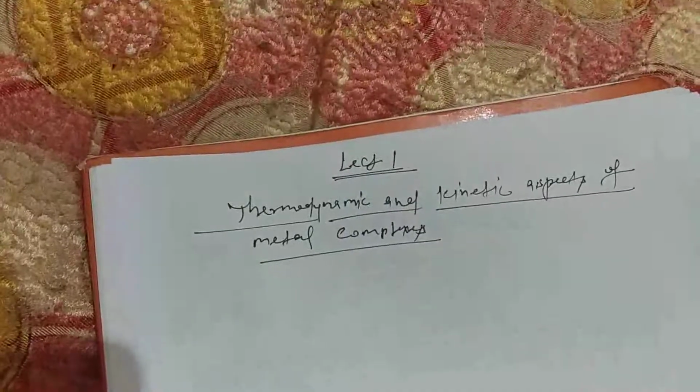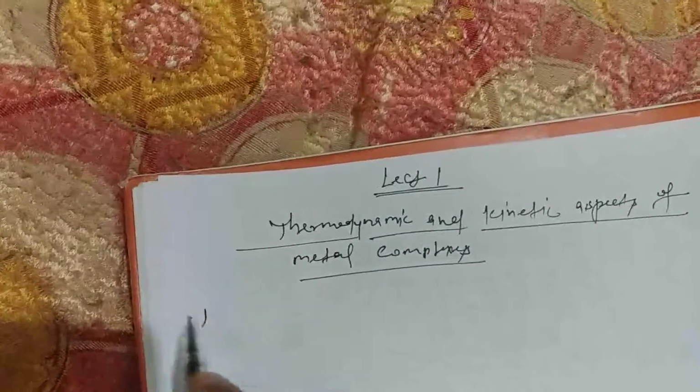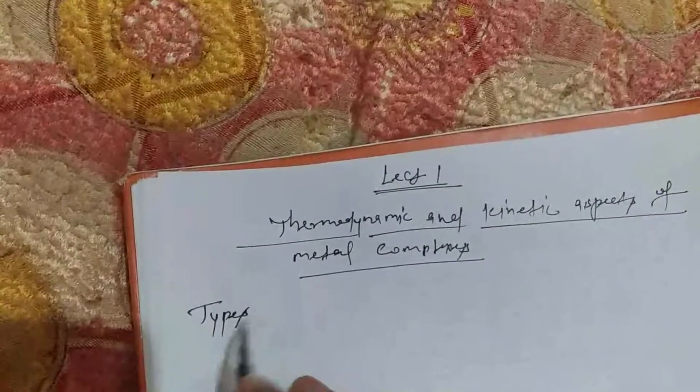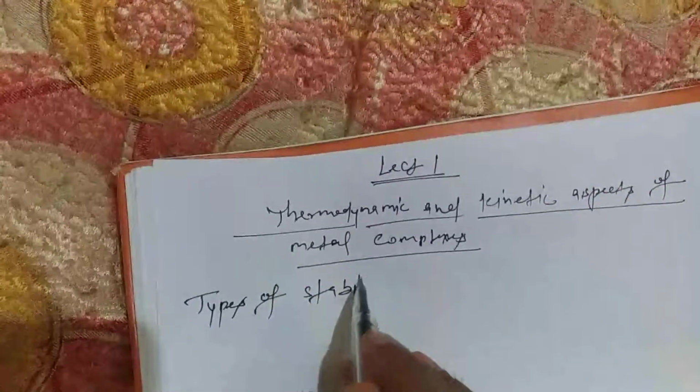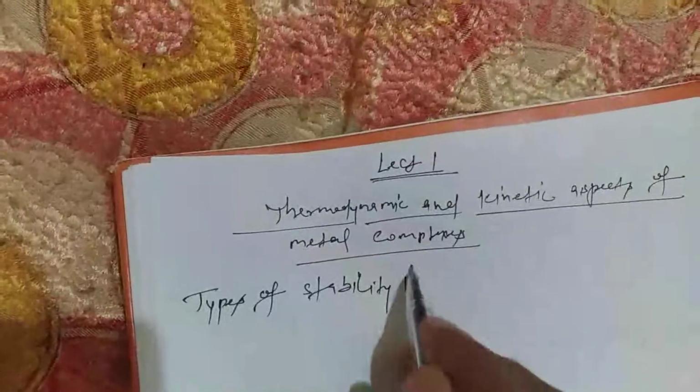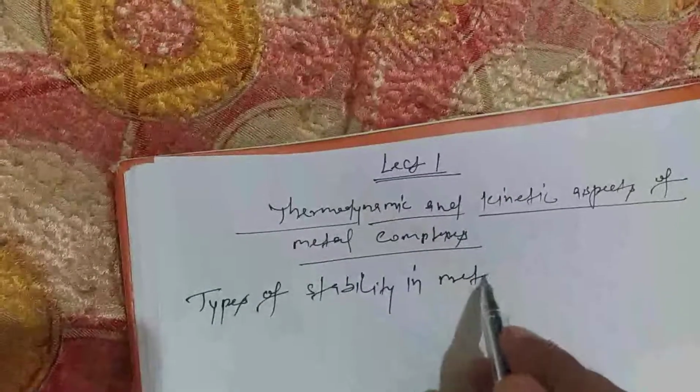What are the different types of stability that occur in a metal complex?